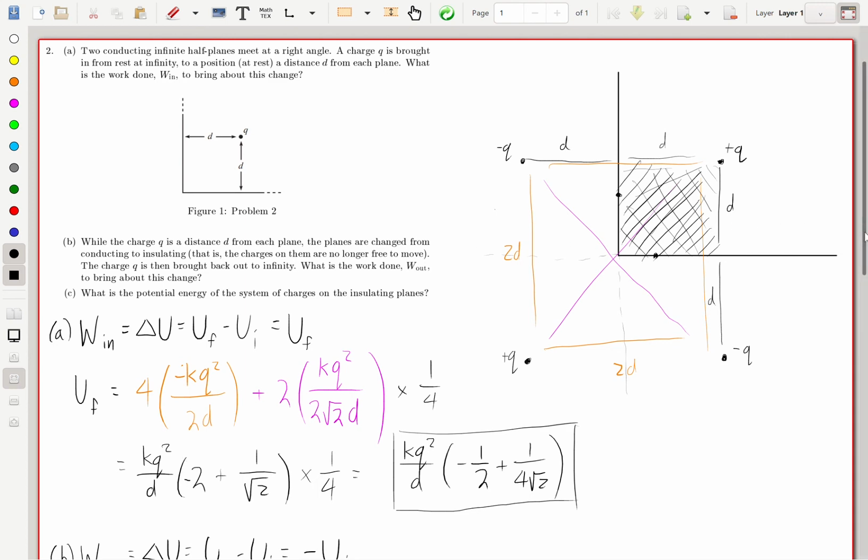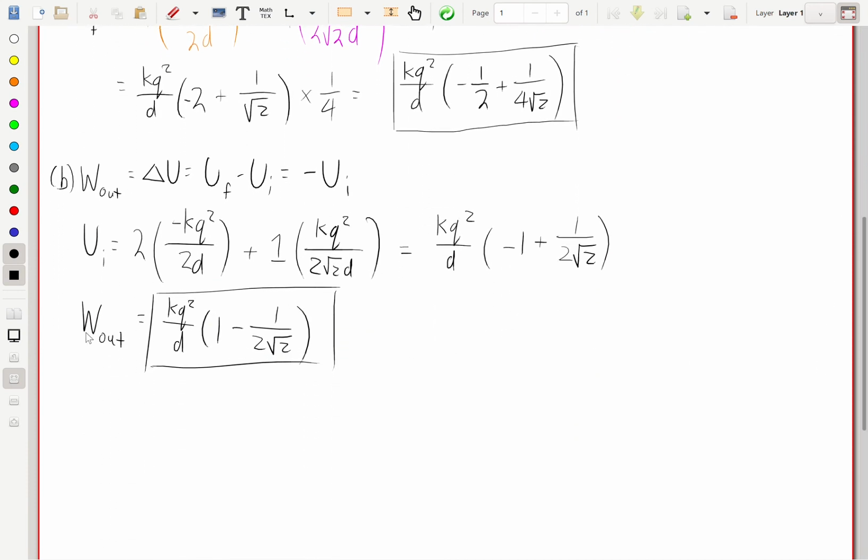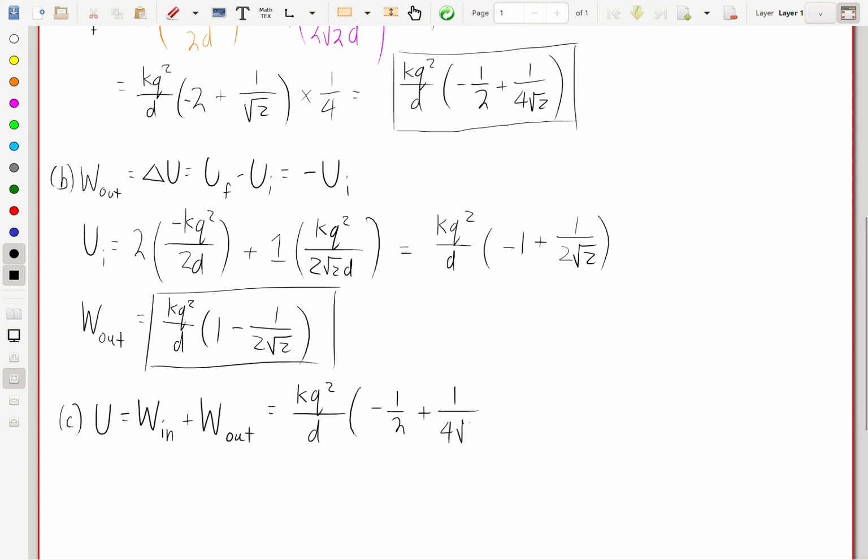And we can get that by just adding the 2 works that we've calculated in part A and part B. So we have the potential energy is going to be equal to work in plus work out, which is going to be equal to kq squared over d of negative 1/2 plus 1/(4 root 2) plus 1 minus 1/(2 root 2).